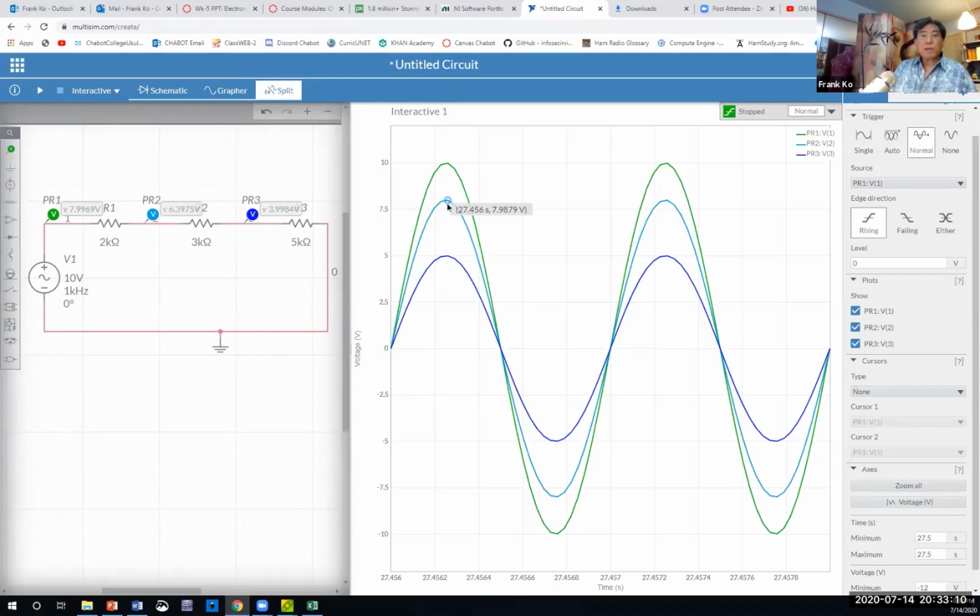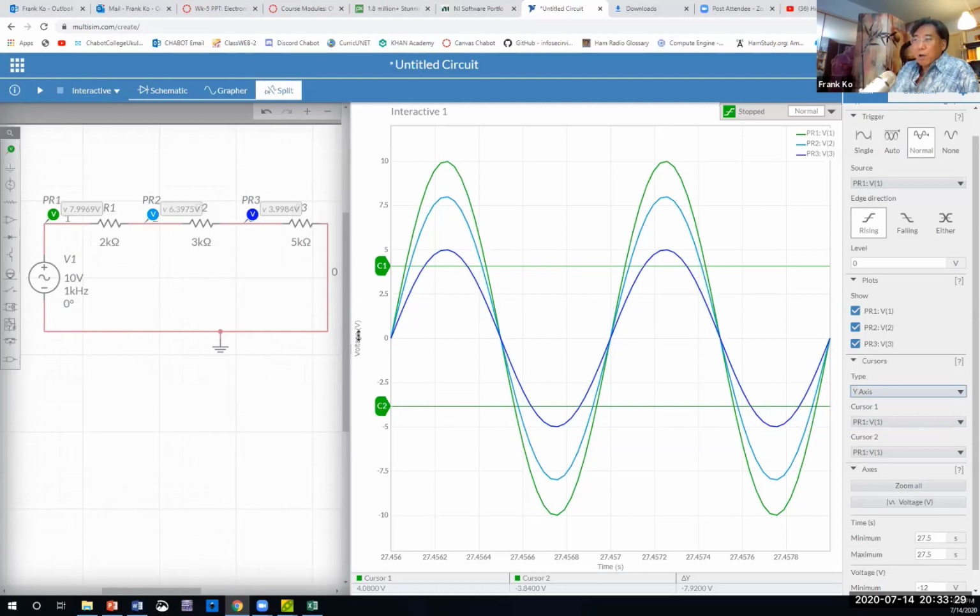Isn't that amazing? Now, I'll show you something else even more amazing. On the left side of my screen, there's an area called cursors. Right now there's none. If I pull this down and select cursors on the y-axis, it automatically gives me 2 cursors.